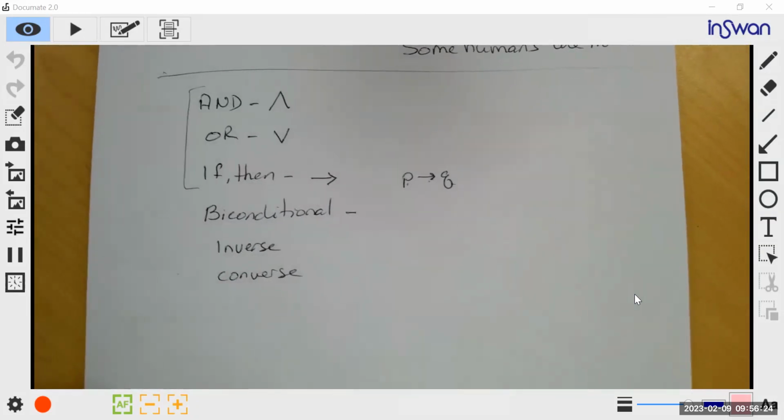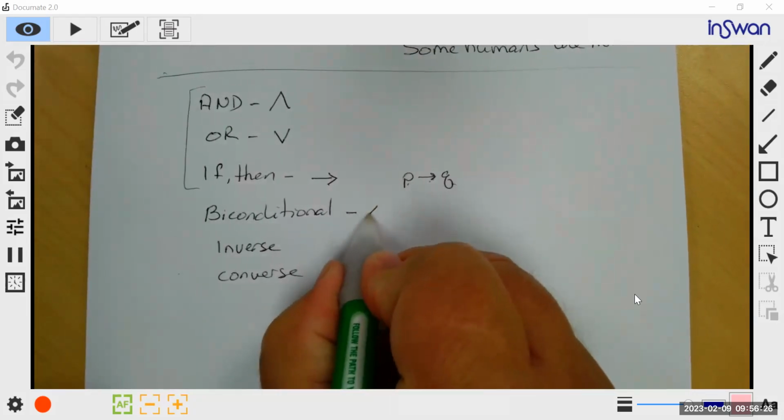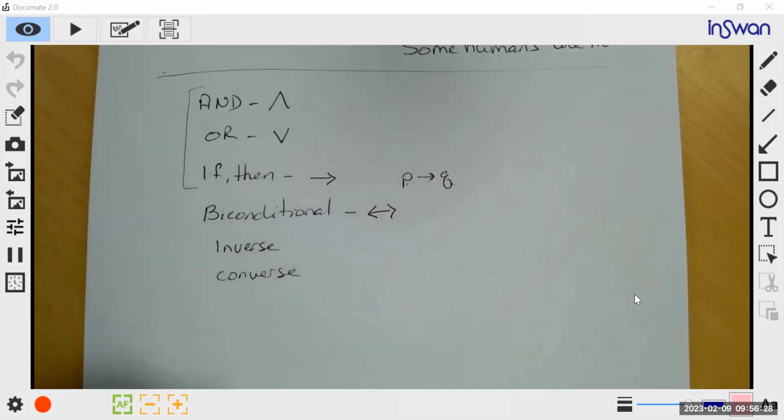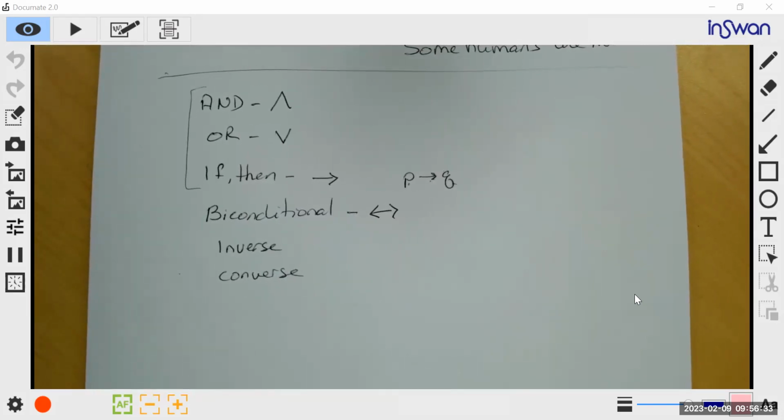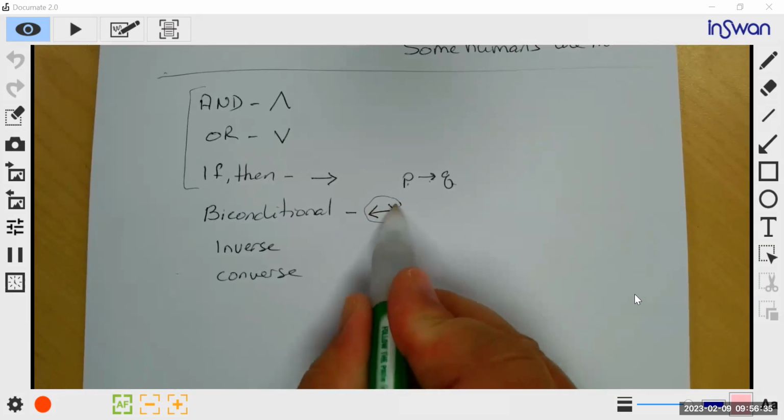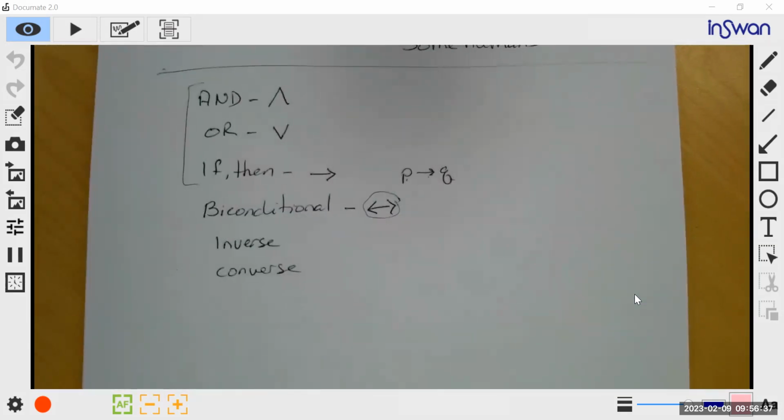The symbol for biconditional. Now, let me show you why that one's called a biconditional. What do you think biconditional means?